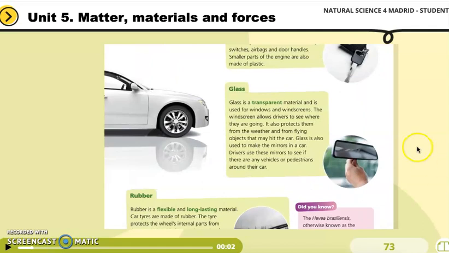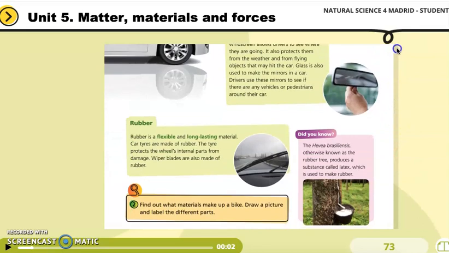And now, before we're all done, I want you to work on number 2 in your notebooks. So, think about a bike. Draw a picture of the bike and label the different parts. And then, can you tell me what materials make up the bike?